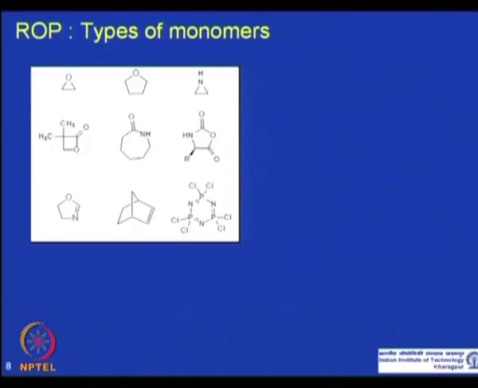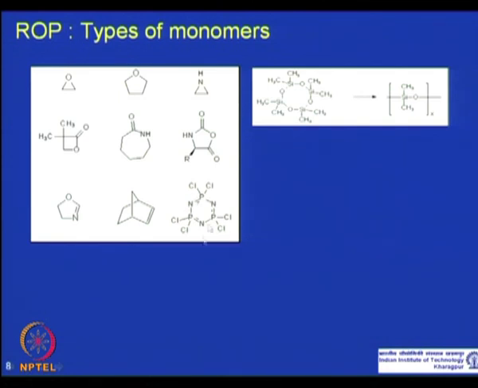These are the types of monomers on which you can do ring opening polymerization. All have a heteroatom in the ring, whether it is an ether group, ester or amide, whatever is the case. That enables an electrophilic or nucleophilic attack from external agents, which will ring open first and then propagate.